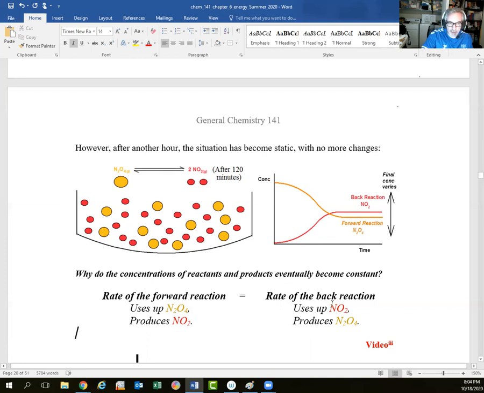N2O4 turning into NO2, but the back reaction uses up NO2 to reproduce N2O4. So as one reaction uses a chemical up, the other reaction reproduces it. And that's why the concentrations no longer change. The rate of the two competing reactions is equal. And so we've reached a state of equilibrium, or dynamic equilibrium, as it's called.